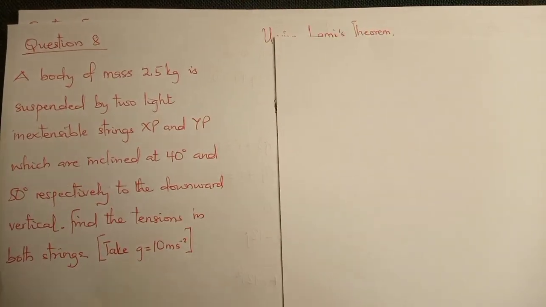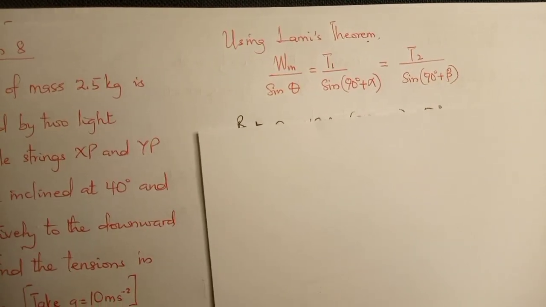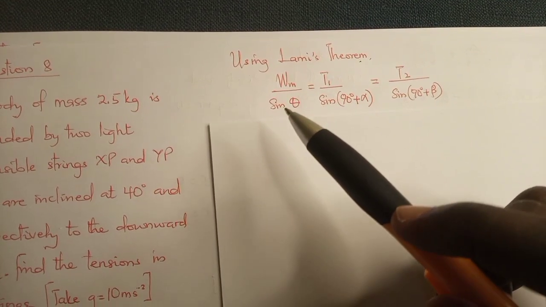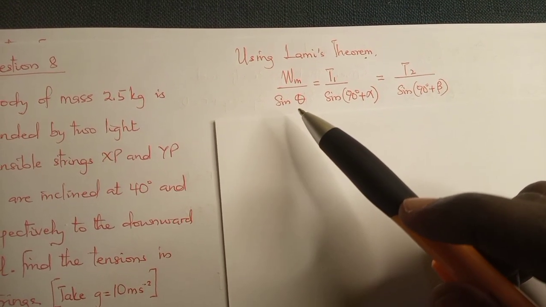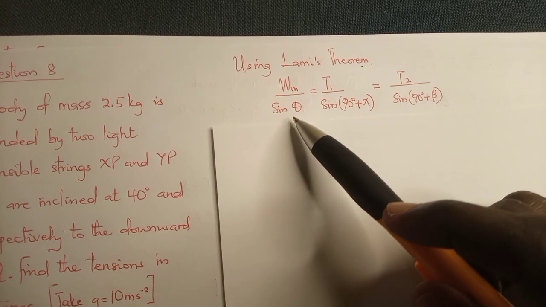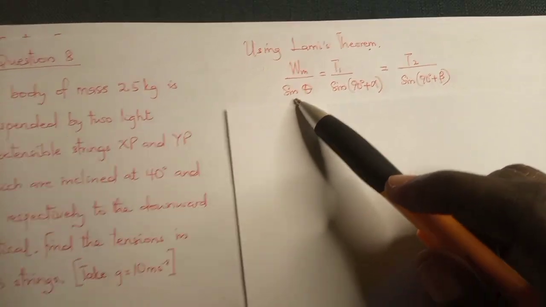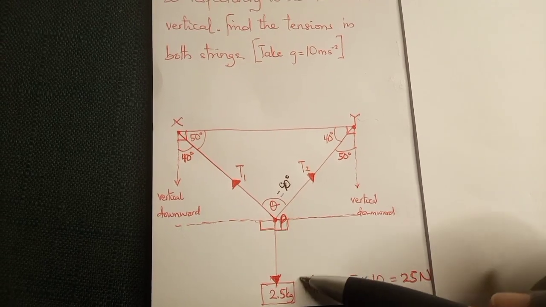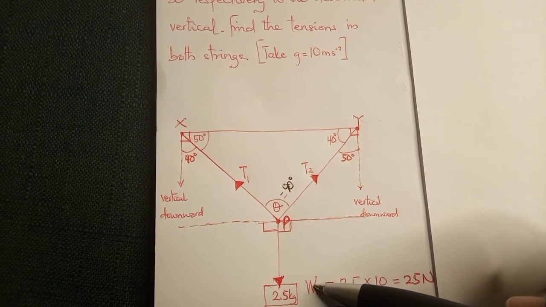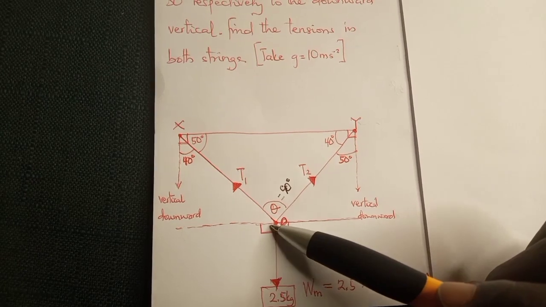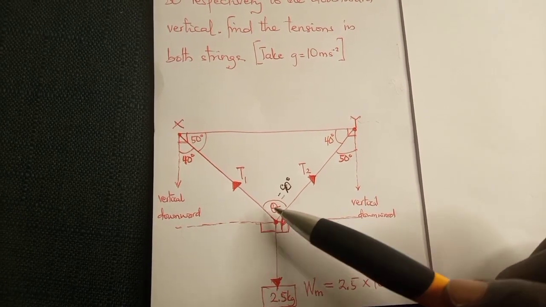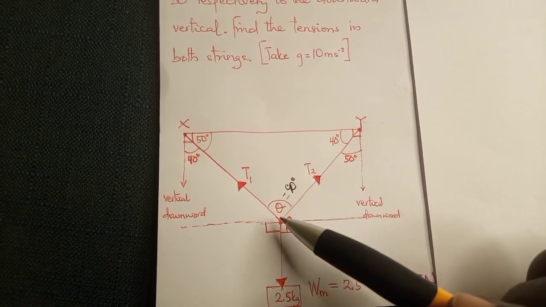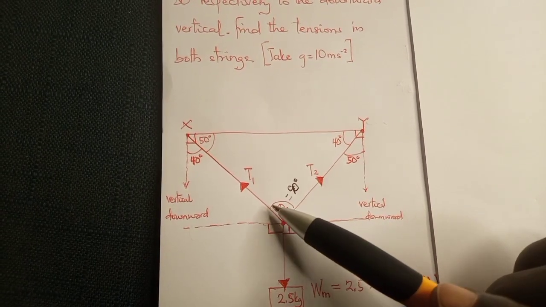Using Lami's theorem, we have the ratio of the weight to the sine of the angle between the other two forces. The other two forces are T sub 1 and T sub 2.